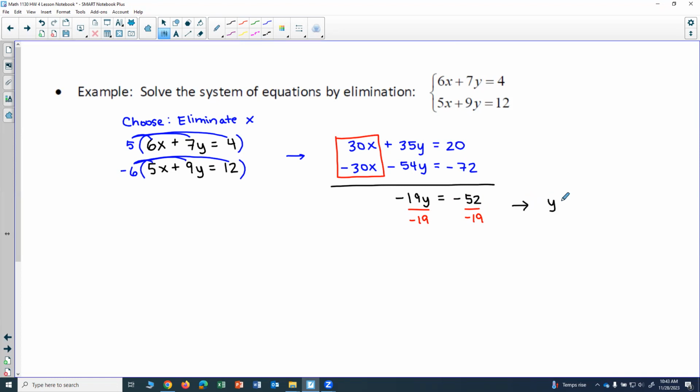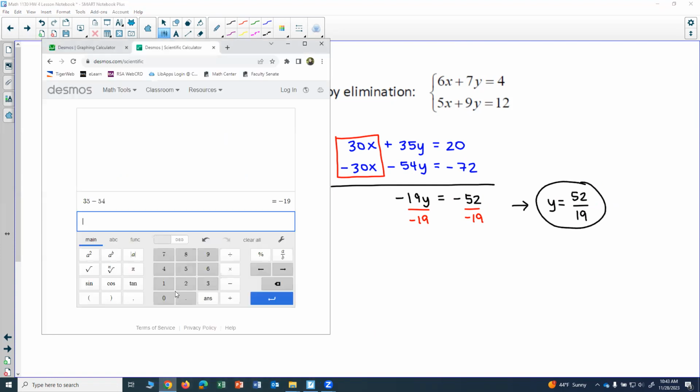So I get y equals 52 over 19. And I don't think that can be simplified, but what you'll want to do is just check. Go ahead and go back to your calculator, put in 52 over 19, and click the fraction button, convert to fraction. So that fraction cannot be simplified. That is my final answer for the y value.